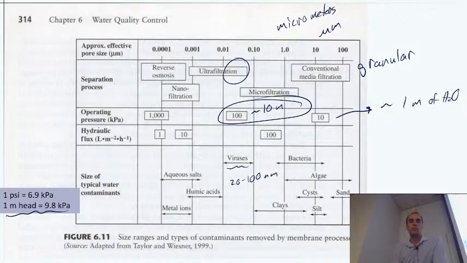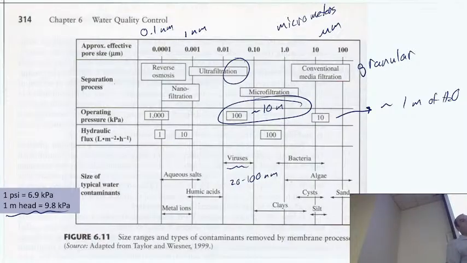So you can see this ramping up by the time we are at 1 nanometer here, or 0.001 micrometers. It would take essentially the equivalent of 100 meters of water stacked up on top of that. That's actually a lot of pressure, right? So it's going to take a lot of pressure to feed these. And all the while, as we ramp up the pressure, we are ramping down the flux.